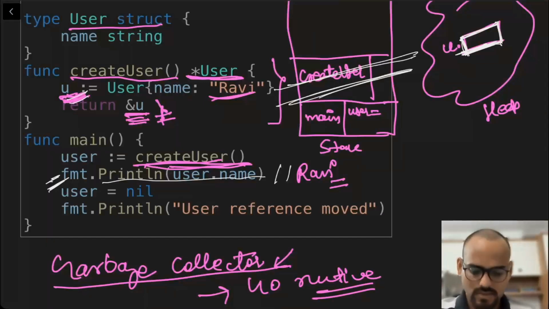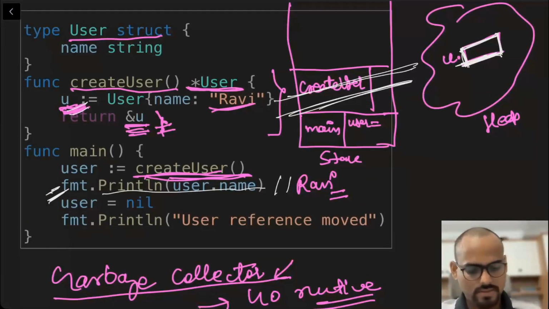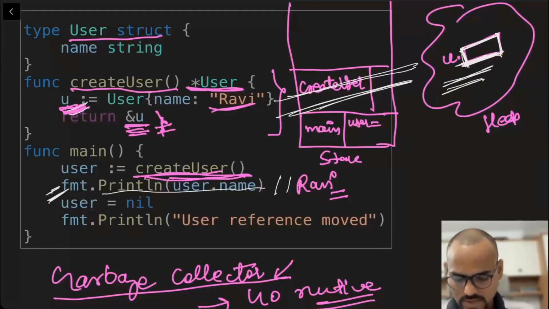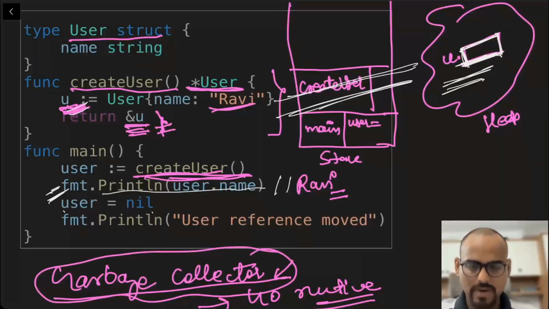So when will this garbage collector free this memory here? If we see the code again, in the next line we are doing user equal to nil. A block of memory will be cleaned up by the garbage collector if that block of memory cannot be referenced by anything further.